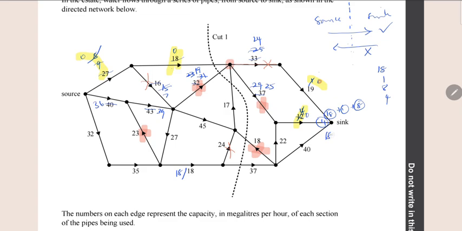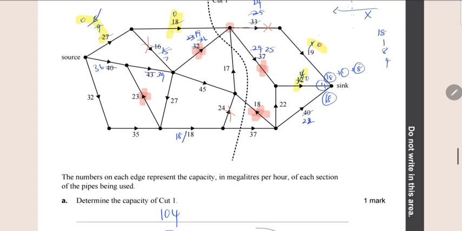So let's say 18 reaches here. So 40 take away 18 is 22, and 37 take away 18 will be 19, and this one reaches 0.